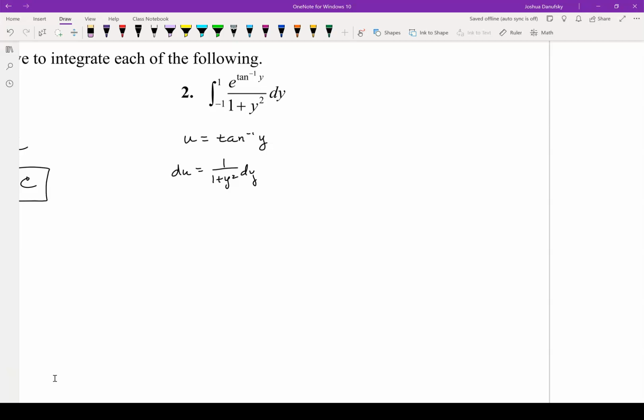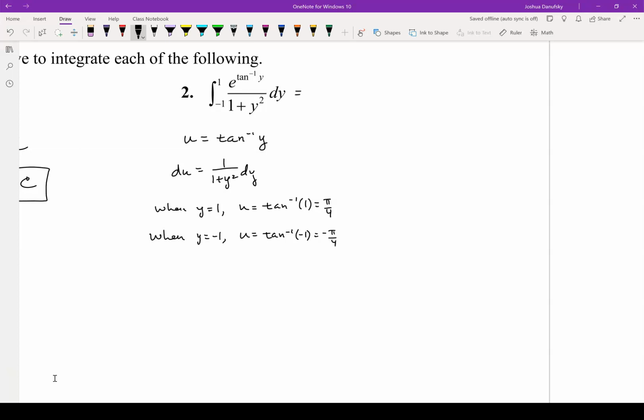Now we look at the limits of integration. When y equals 1, u is equal to tan inverse of 1, which is equal to pi over 4. When y equals negative 1, u is equal to tan inverse of negative 1, which equals negative pi over 4.